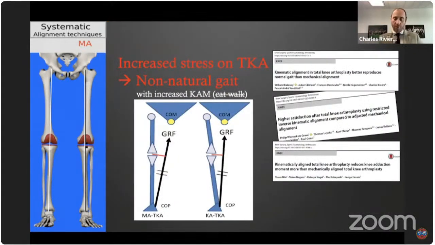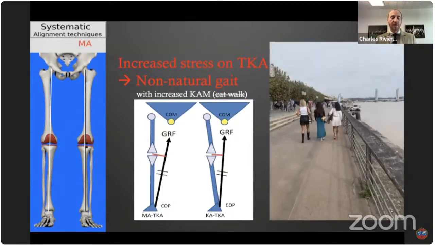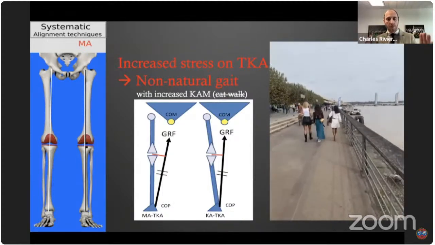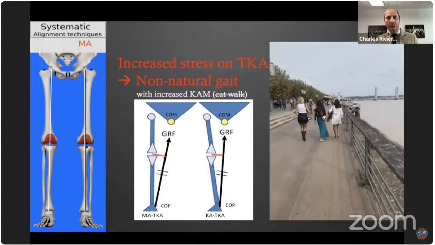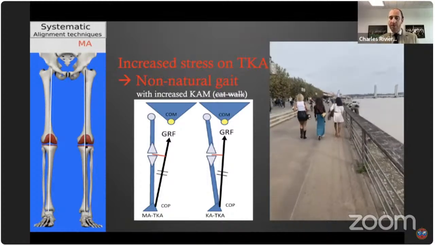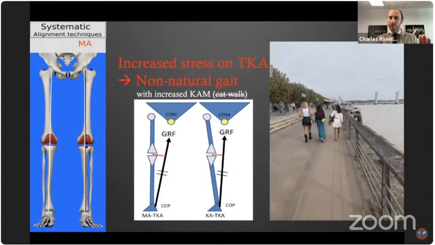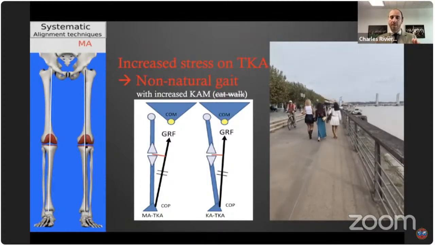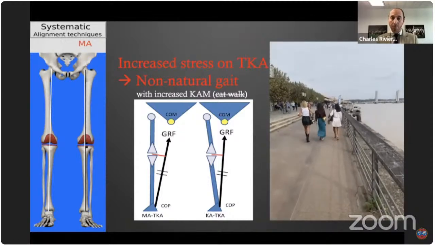Another consequence of this alteration of the anatomy is the knee adduction moment. And it's very interesting because the AMA technique was developed to improve the biomechanics of the knee. And what we've learned is that, in fact, if you keep the constitutional anatomy, unless it is aberrant, the knee biomechanics is improved, is better.